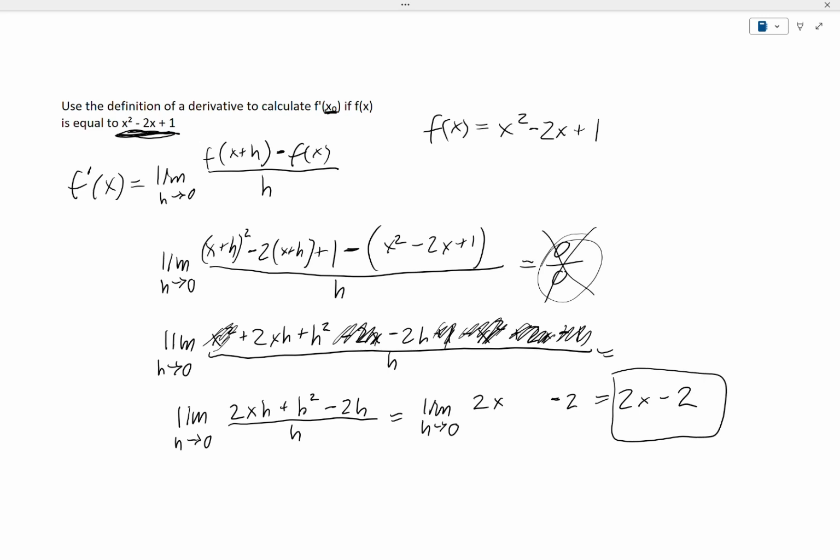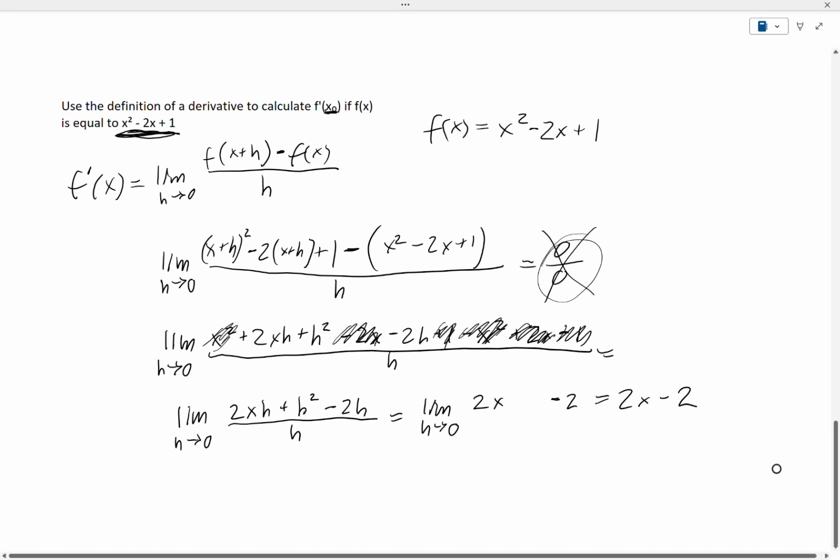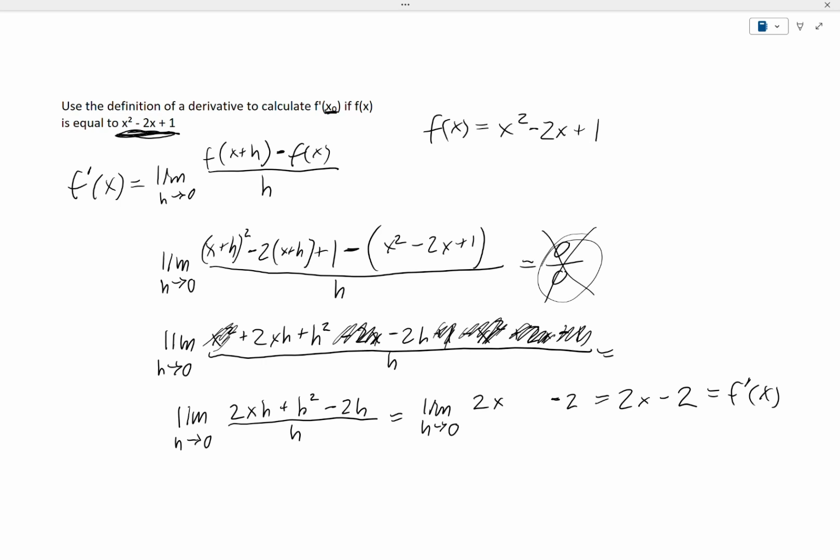So that is the derivative, that is f prime of x. But I'm looking for f prime at x naught. That just means that for every x, I just stick in x naught. So this turns out to be 2x naught minus 2. And that's going to be the final answer.